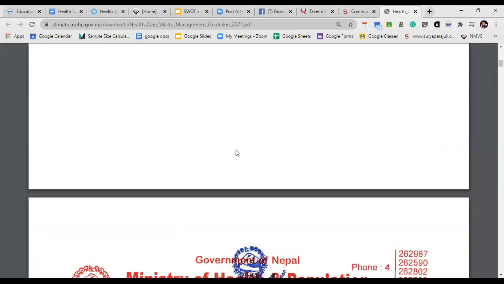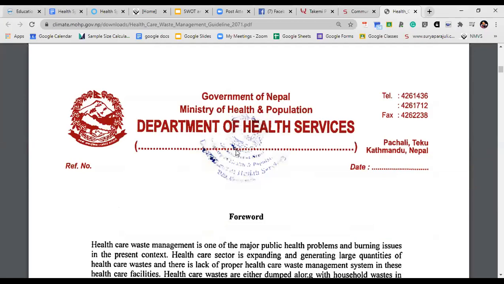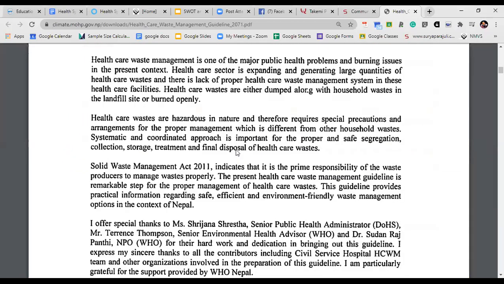You can find the actual definition of healthcare waste, different categories, different management options, everything here. We'll discuss this report thoroughly, and we'll try to conduct a SWOT analysis. What are the strengths of this document? What are the weaknesses? What are the opportunities? And what are the threats?